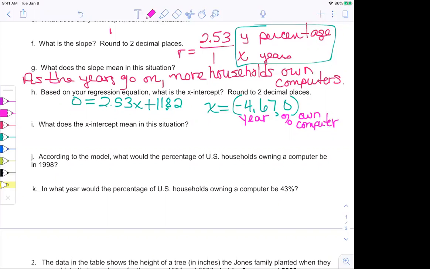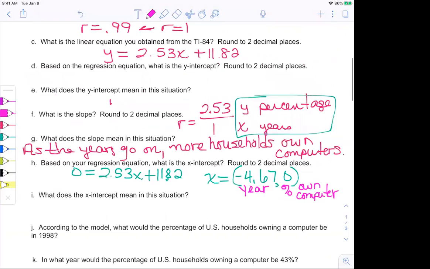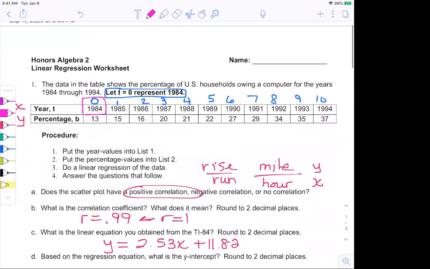Would that mean that every 4 years that you go backwards? Yeah. So back 4 years, then 0 households would have computers. Excellent. That's right. She said because it's negative, we have to go back, like we're going backwards in time.